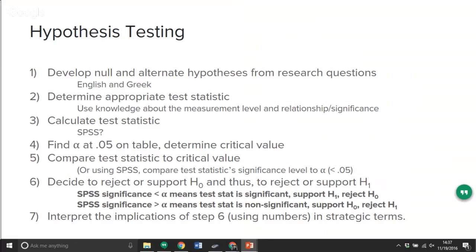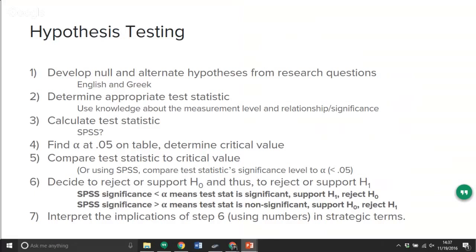What it is saying is that 95 out of 100 times we would expect to see similar results. So that in layman's terms is what we're talking about when we talk about p-values and levels of significance. So if the significance is less than 0.05, then that means the test statistic is significant. We would support the alternate hypothesis.